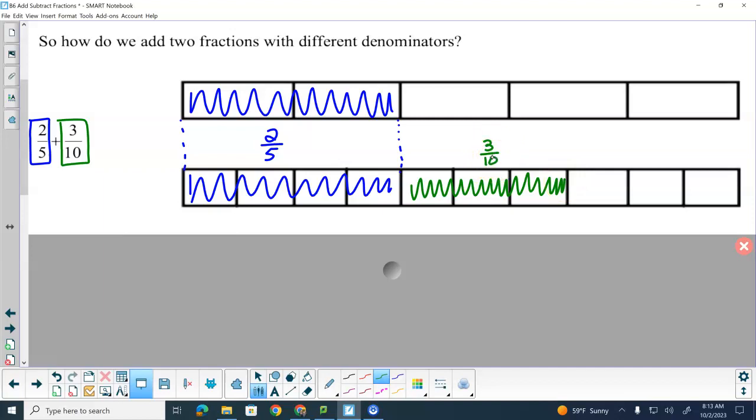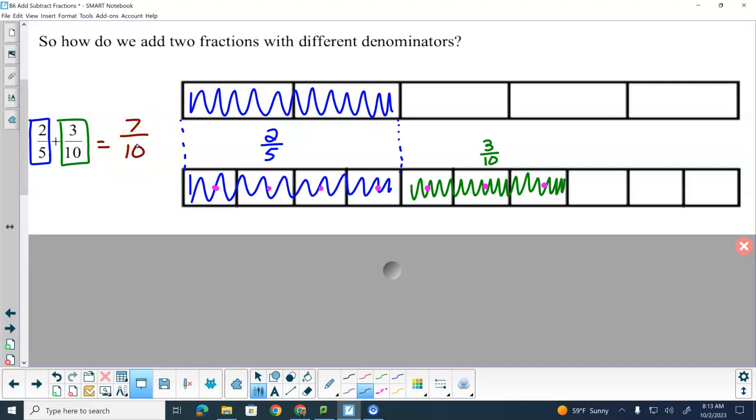So all told, how many tenths, because that's the one where we got both fractions on, are there? There's still 7. Yep, there's still 7. Because we've got 1, 2, 3, 4, 5, 6, 7. So this is also 7/10.